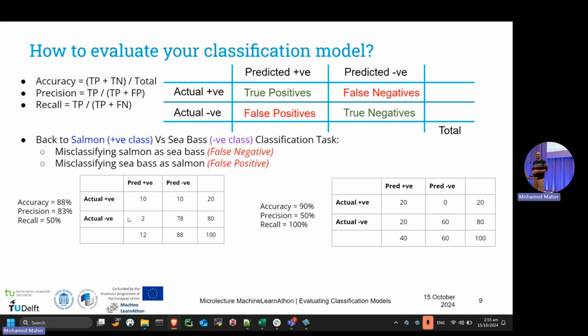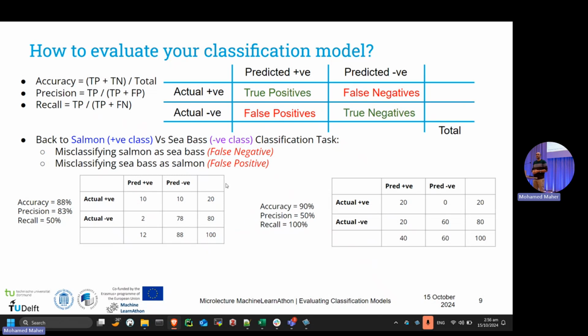So if we have two confusion matrices over here for two different classification models, the first one has accuracy 88%, precision 83%, recall 50%. The second one has higher accuracy over here, 90%, precision 50%, recall 100%.